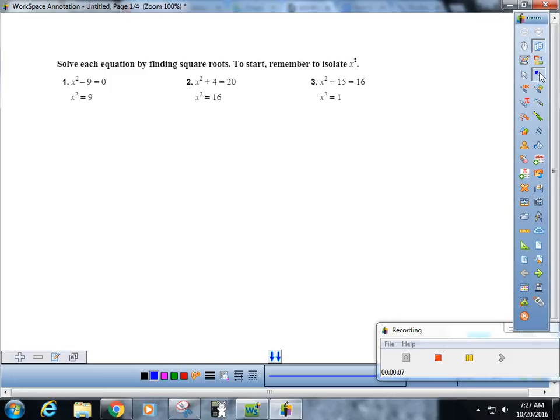Okay, this is a completing the square unit. I just gave you a little lecture about why we're doing this. This is going to seem like a lot of unnecessary work, so just to do a really quick recap of that lecture, you can figure out how to do these in your calculator. You won't get the answer exactly right, but you will get it very, very close to being right, which does matter to a lot of people in the world.